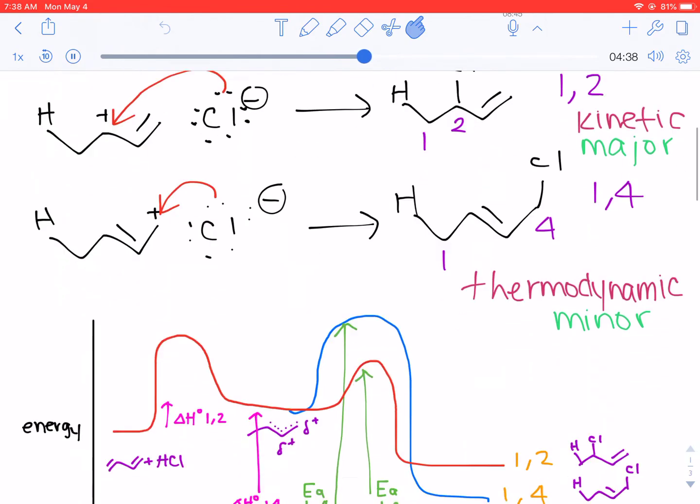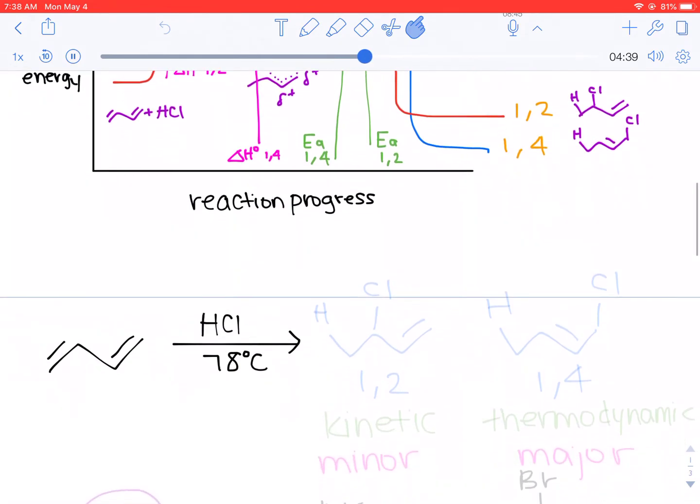Now, if we repeat the same reaction using the same reactants but under different conditions, in this case with heat added at 78 degrees Celsius, we would get the same two products, the 1,2 product and the 1,4 product.